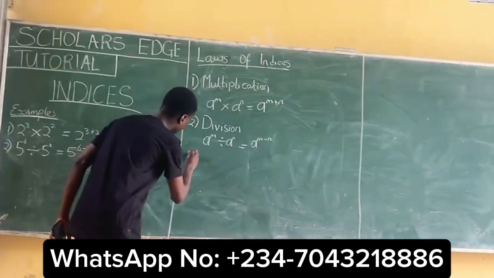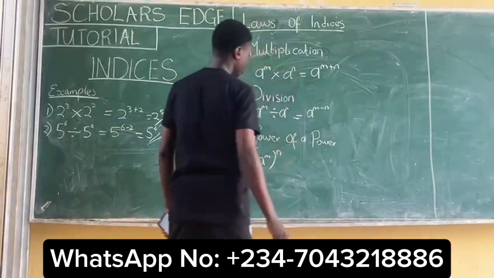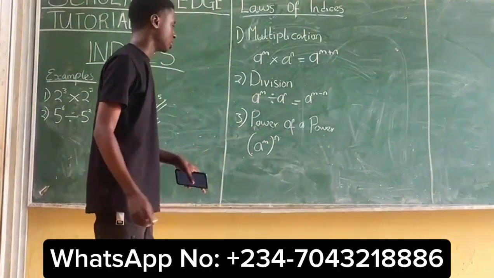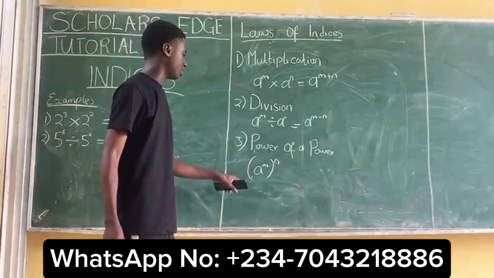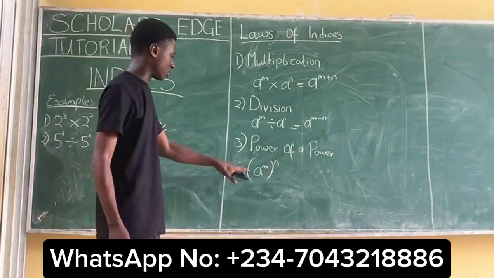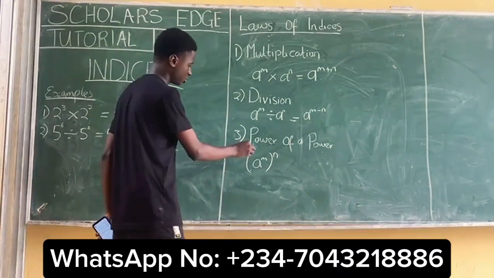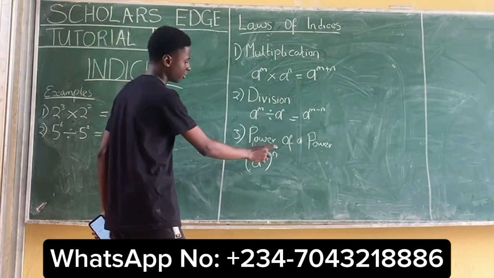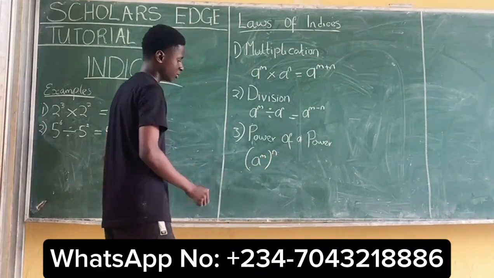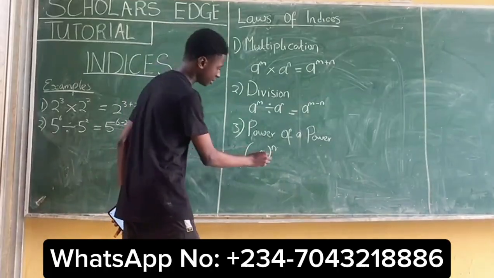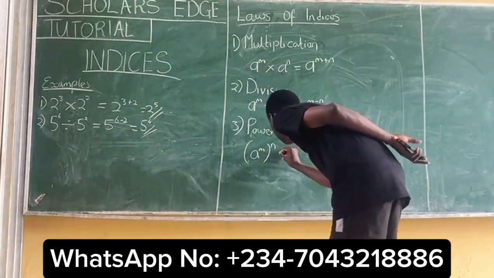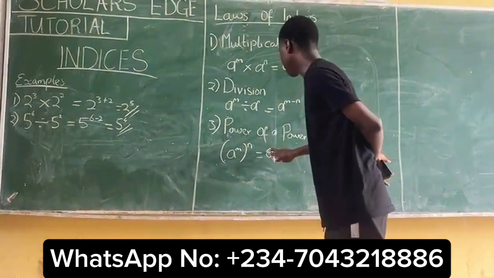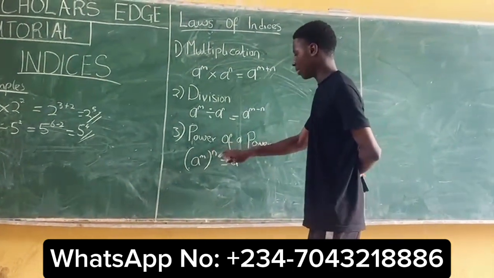Now moving over to the third law, we have the power law. Looking at something like this, you have such a problem, a to the power of m, in brackets, to the power of n. When you have such a problem, first of all, you take out the base and then you multiply the powers.